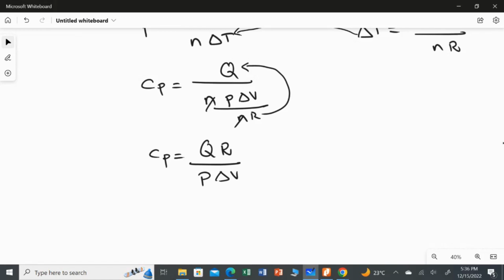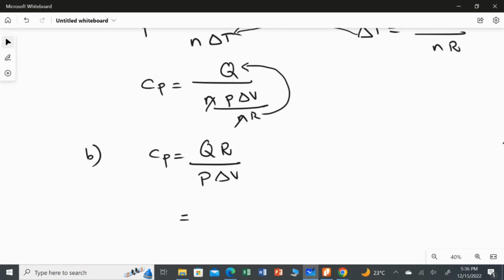Here R is a gas constant, Q is the amount of heat supplied to the ideal gas, and P is the pressure, which is a constant pressure, right? And for delta V, we have both the final volume as well as the initial volume. Once we substitute the values here, we will get the answer for the second part of the question.